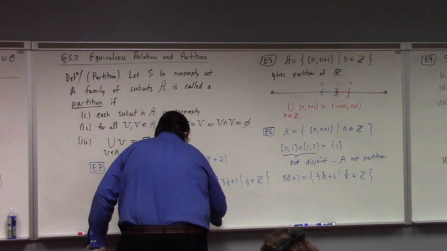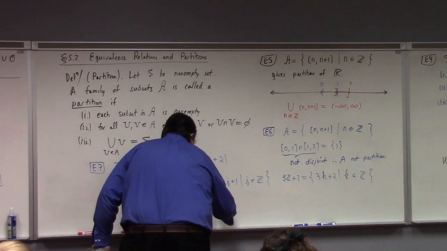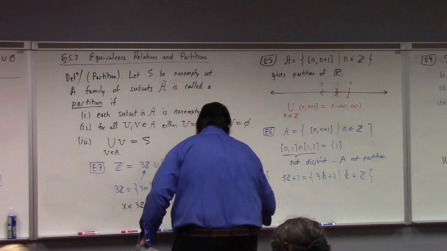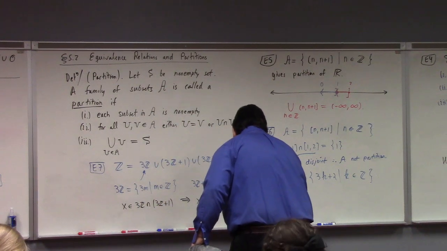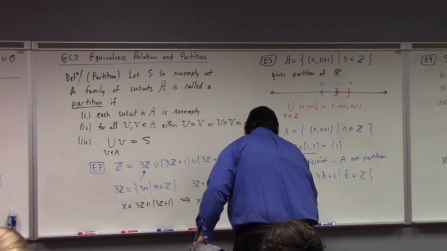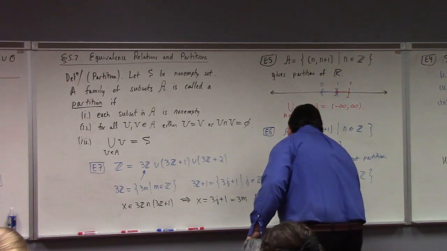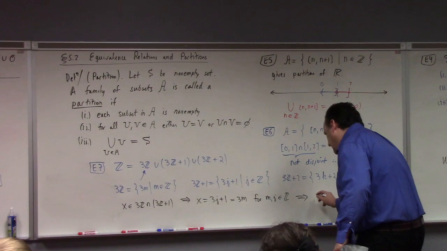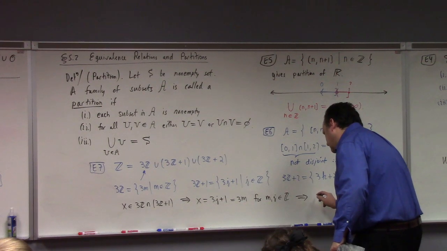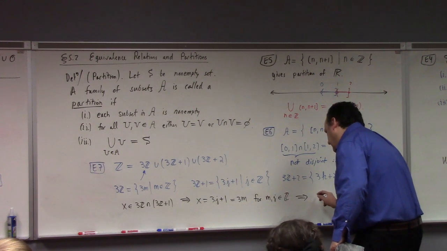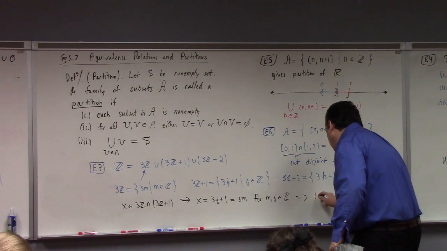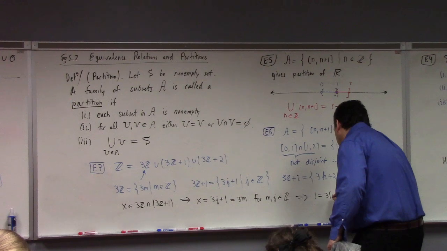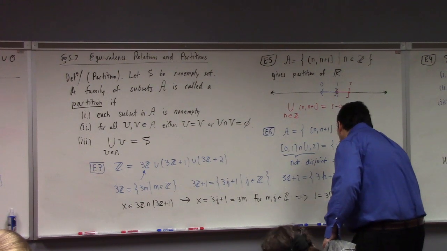That would mean x is equal to 3j plus 1, and it's also equal to 3m, for some m and j in Z. But what would that tell me? That would tell me that 1 is equal to 3 times m minus j.